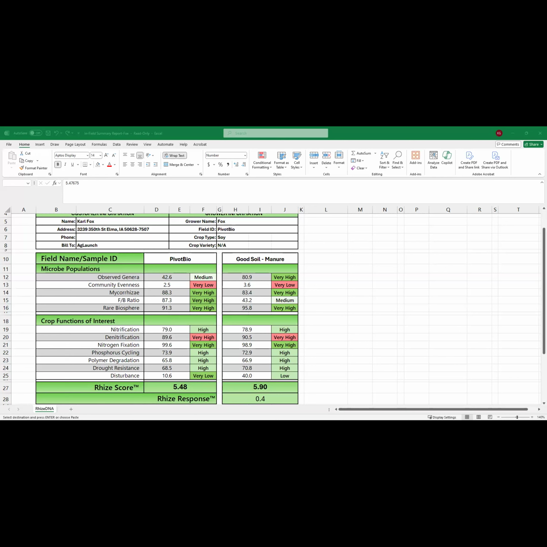I know it doesn't seem like a lot, but 2.5 versus 3.6 is substantial enough to say it looks like around a 30% reduction in the amount of other microbes servicing that crop. Typically, if you have less community evenness, some of these other functions might suffer as a result.